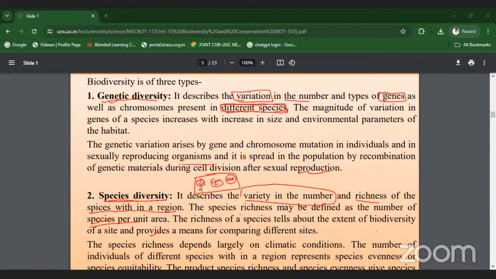So this is called richness diversity. Only three. But take another locality. If you take another locality, it has only one: only tigers are recorded. So there is less diversity here and high diversity there. This is based on the richness of number.